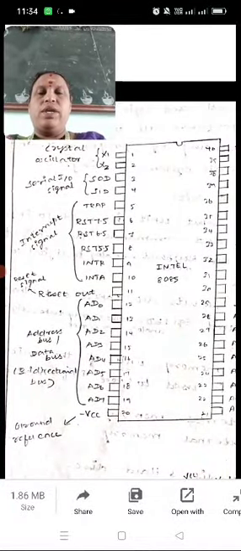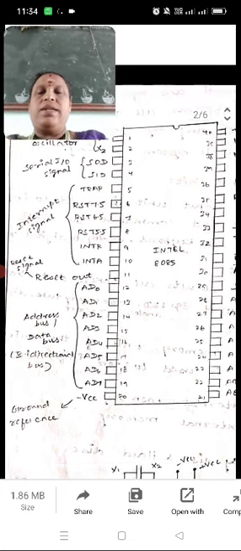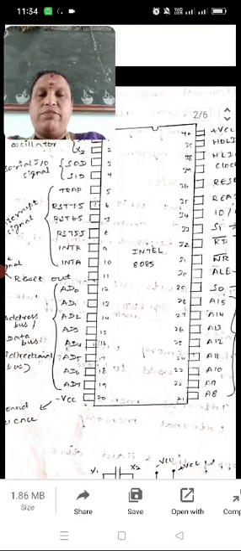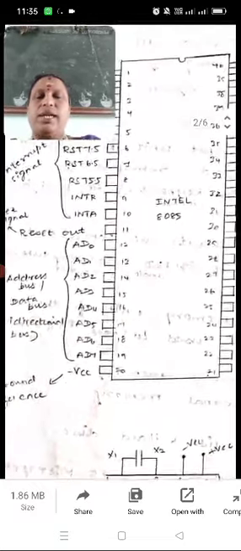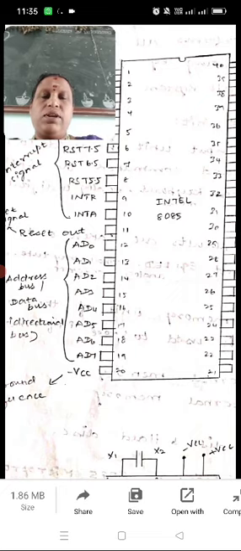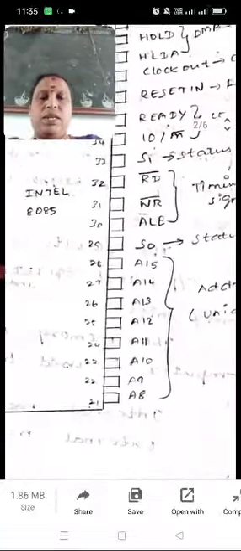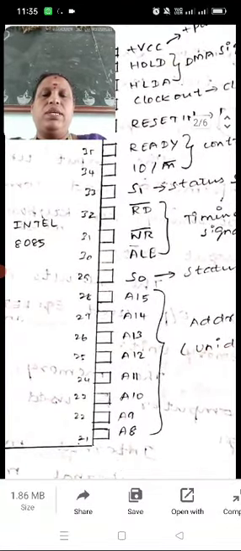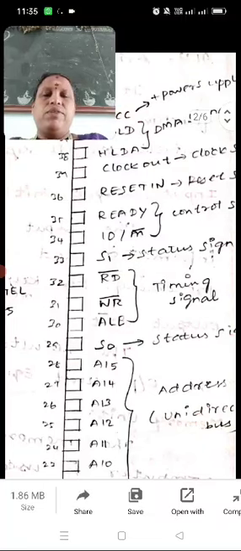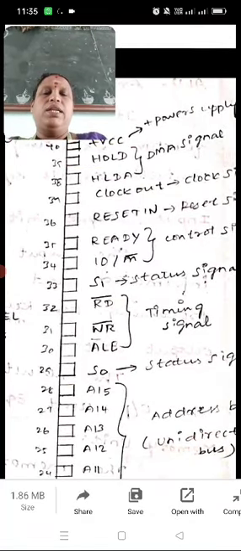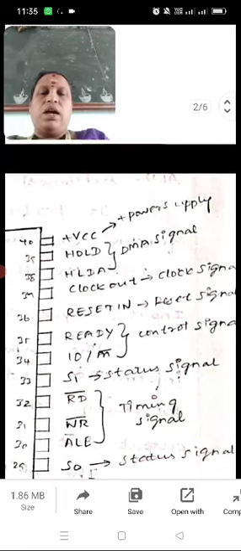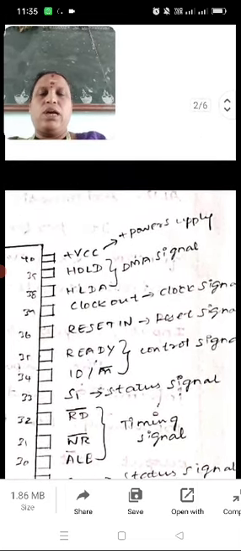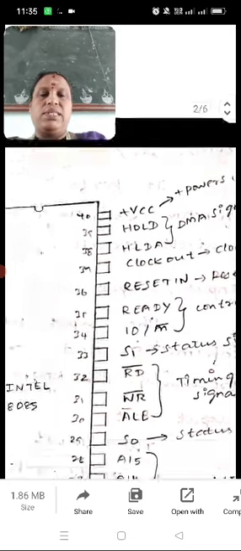SOD is serial output data and SID is serial input data. Then TRAP, RST 7.5, RST 6.5, RST 5.5, INTR, INTA, RESET OUT, AD0, AD1, AD2, AD3, AD4, AD5, AD6, AD7, minus VCC, then A8, A9, A10, A11, A12, A13, A14, A15, S0, ALE, WR bar, RD bar and S1, IO/M, READY, RESET IN, CLOCK OUT, HLDA, HOLD, plus VCC.